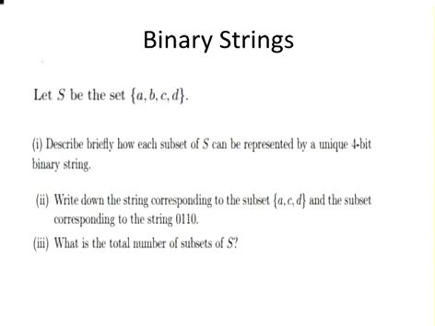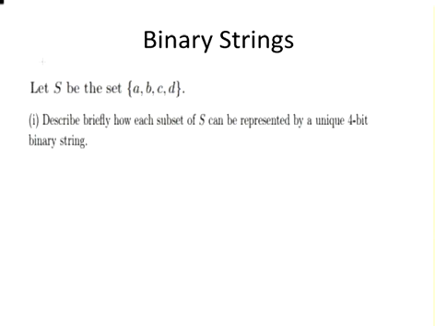So let's look at the first question here. Let S be the set A, B, C, D. Describe briefly how each subset of S will be described by a unique 4-bit string. So let's consider a subset of S to be B and D. Now here, for this subset, B is present and D is present, but A and C are not present.